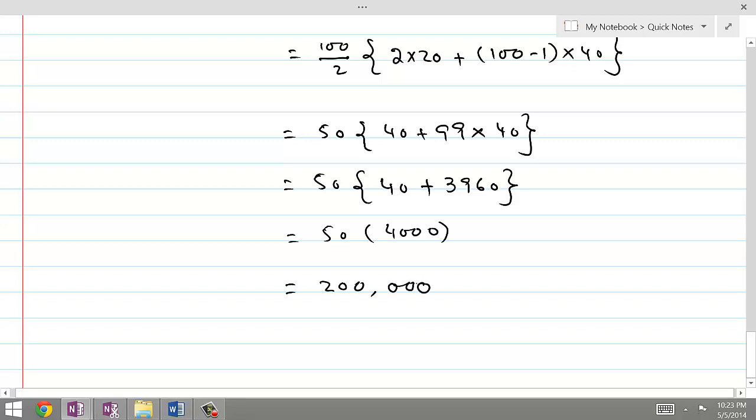So this is the sum of all those terms in the first 1000 integers which are neither divisible by 2 nor divisible by 5.